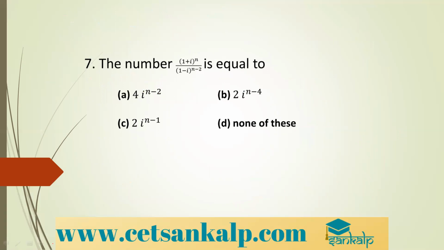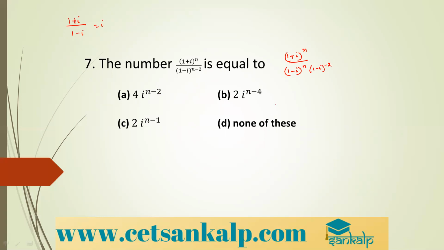The next question, that is the seventh one, is the number (1 plus i) whole power n by (1 minus i) whole power n minus 2. Just now in one of the questions I gave you a formula. What is (1 plus i) by (1 minus i)? It is i. So what I will do, the question is, numerator I will take (1 plus i) whole power n. Denominator I will take (1 minus i) whole power n into (1 minus i) whole power minus 2.